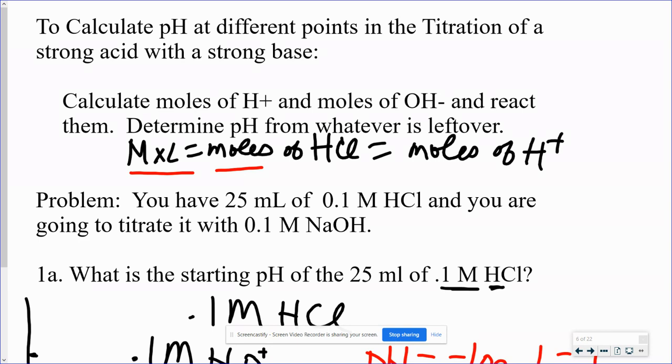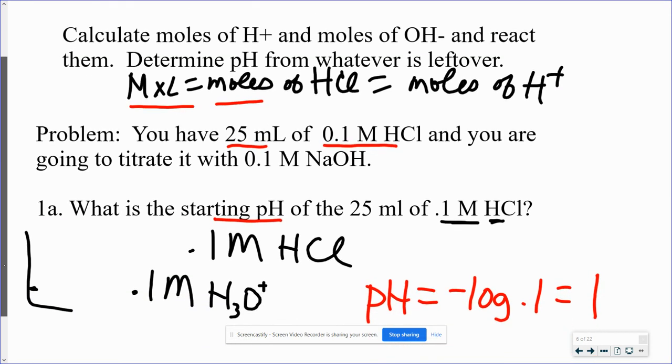Okay, so at the beginning, you have 25 milliliters of 0.1 molar HCl. So what's the starting pH? All we have in there is HCl. It doesn't matter really at this point how much there is because it's 0.1 molar.